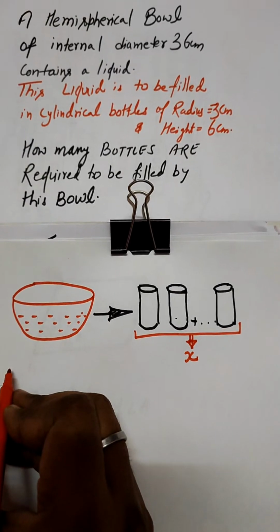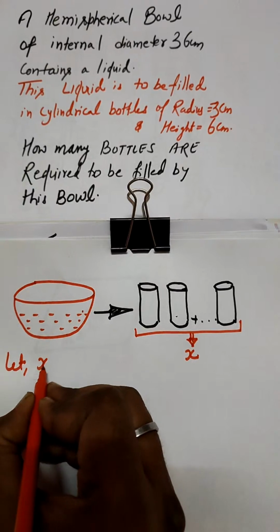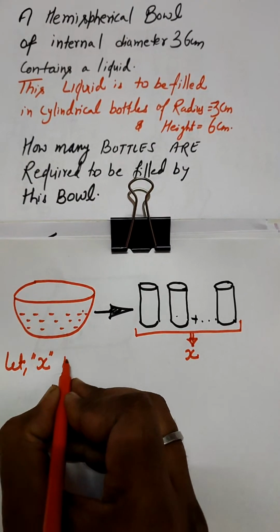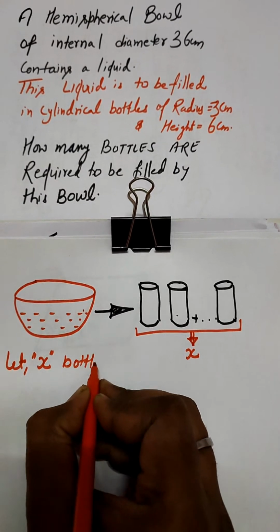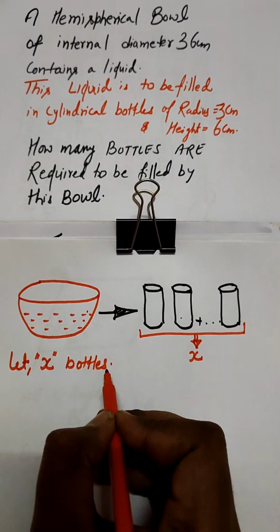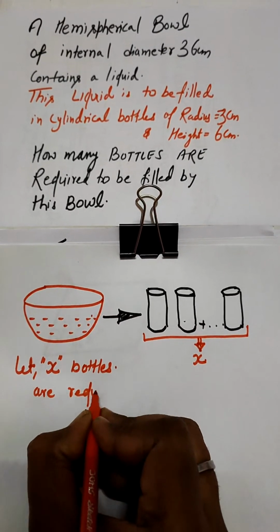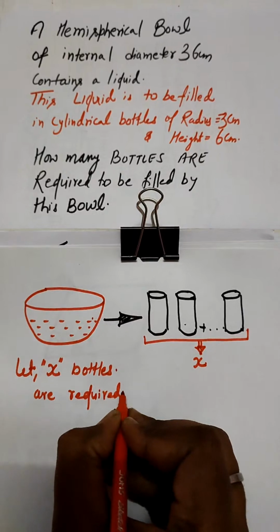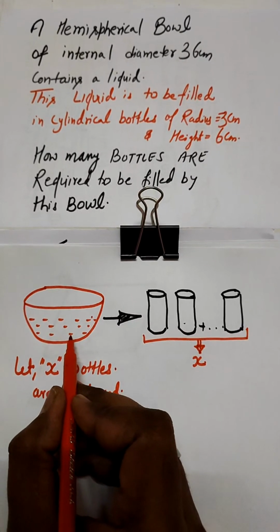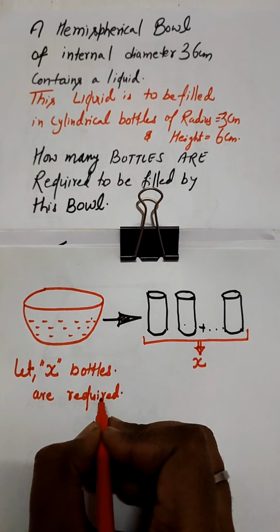I am just mentioning, let x bottles in the shape of a cylinder be required to empty the liquid of this bowl, right?